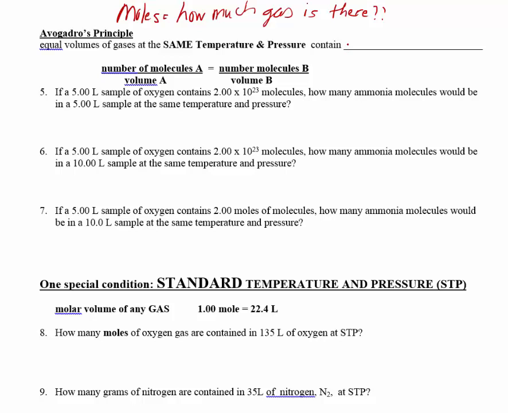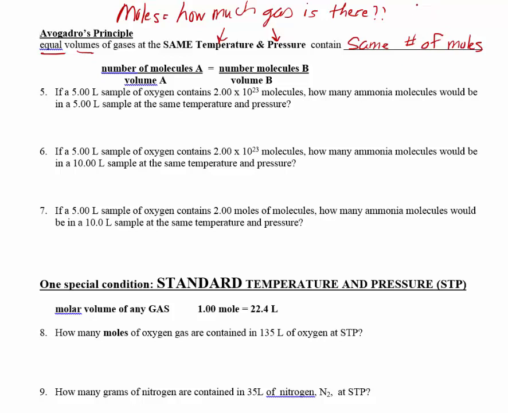So Avogadro's principle looked at this relationship and said, notice this, equal volumes of gases at the same temperature and pressure, so we're not changing those variables, contain the same stuff. More specifically, the same number of moles of gas. If we're talking moles, we can also talk about molecules, if we could visualize how many little molecules are in there.